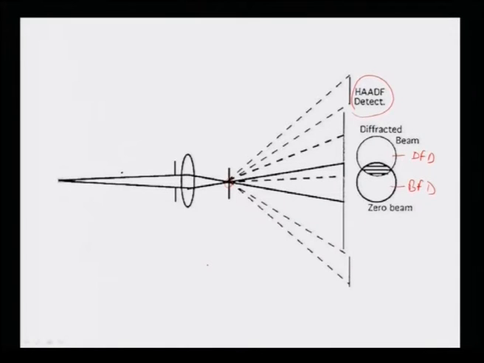So high angle means of that nature, not several 20, 30, 40 radians or so. These detectors can be placed, as shown here, at a little distance from the transmitted electron beam or the zero beam, and they contain information regarding the atomic number contrast. It has been shown by Crewe et al.